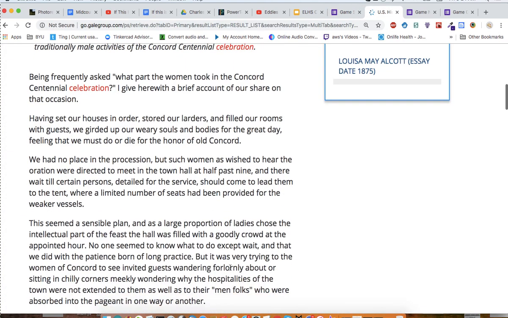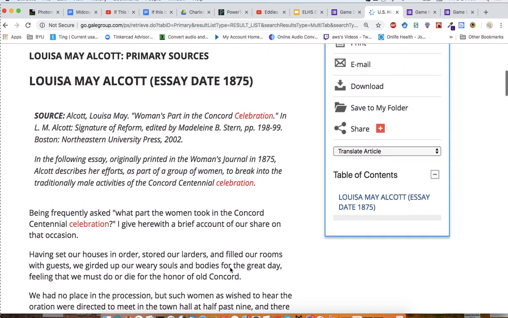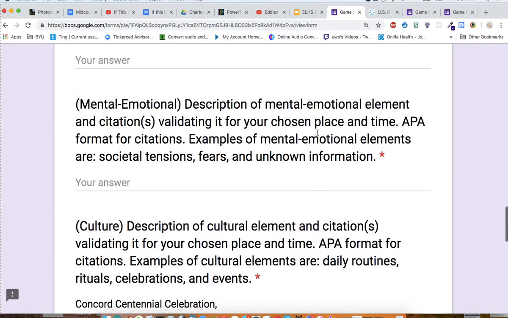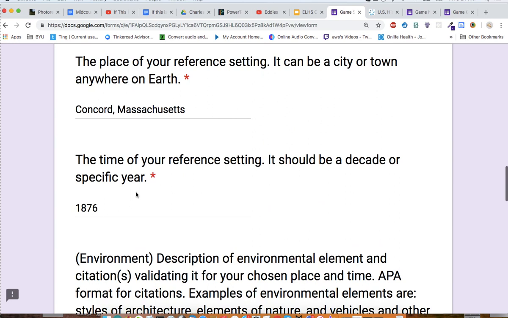If we read this, we can see right here in the text, it's identifying, okay, the context. Well, this is actually 1875, so maybe I'll make 1870s because this was written in advance of the celebration. So let me make it 1870s. See how I'm going to edit this to make it totally work, because we can have a decade or a specific year.